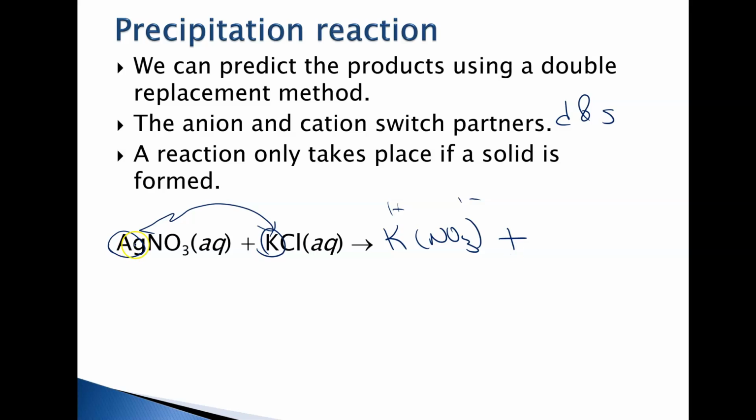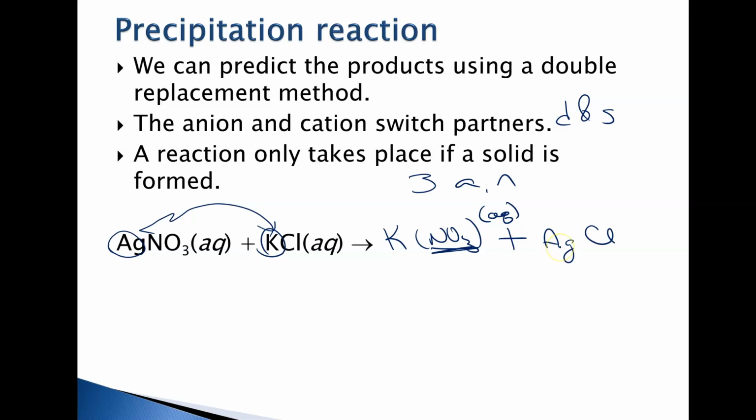Then for the Ag, it is also plus 1, and Cl is also minus 1. So I would drop and swap those and get AgCl. Balancing it, it's balanced. I have to identify the solids. So I'm going to look at my solubility rules, and I'm going to remember 3 A's and an N. Nitrate, automatically aqueous.